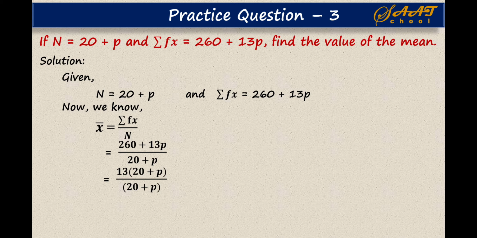Again, in the numerator between 260 plus 13p, 13 is common, that's why 20 plus p. So 20 plus p in numerator and denominator are cancelled. Finally, the mean will be 13, and that is the value of the mean.